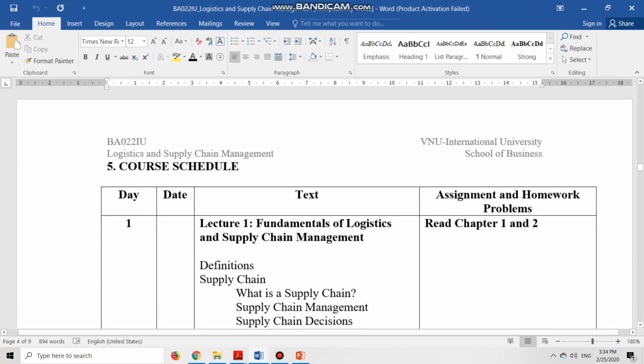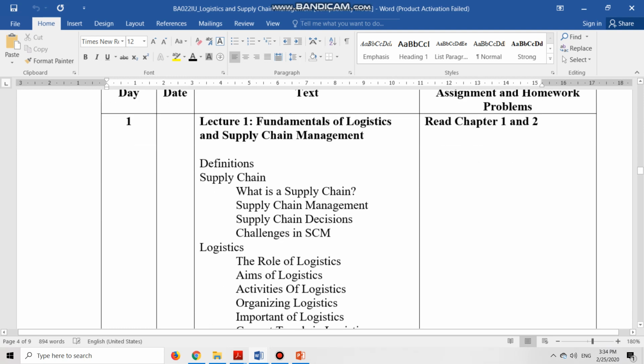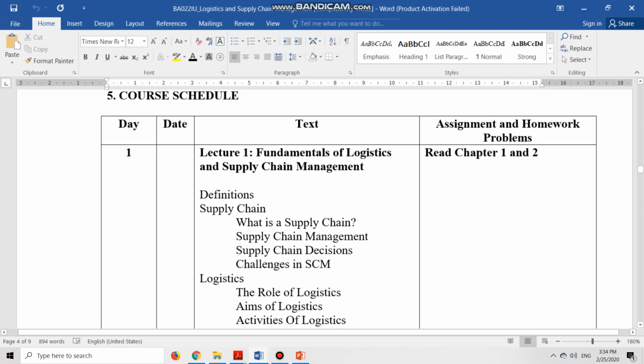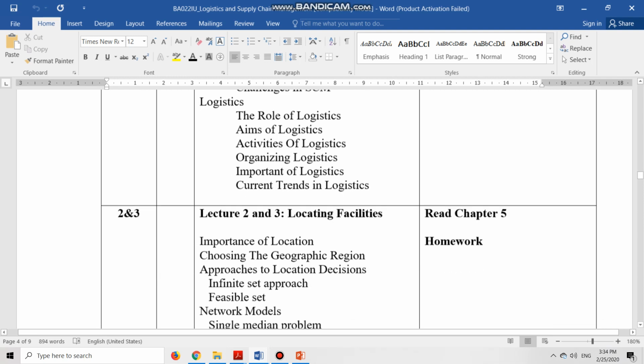And here is our course outline. First, in the first lesson, we will learn the fundamentals of logistics and supply chain management. Here you know the definition of logistics and supply chain and what their role is.